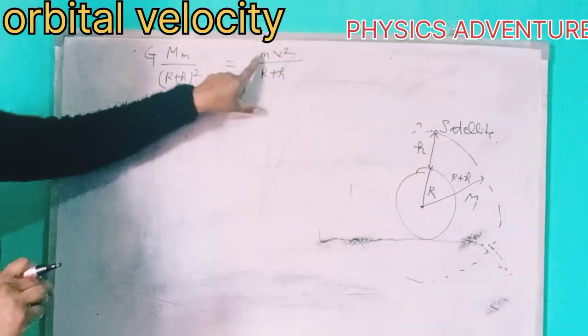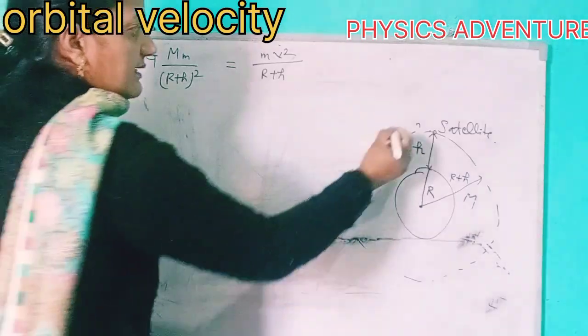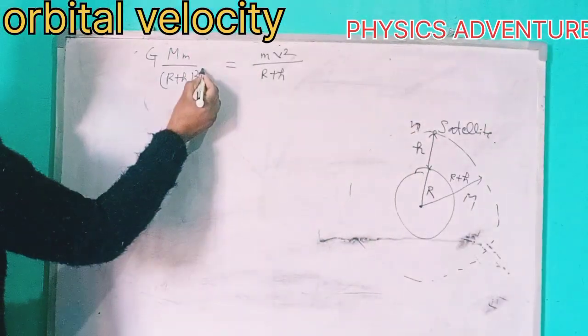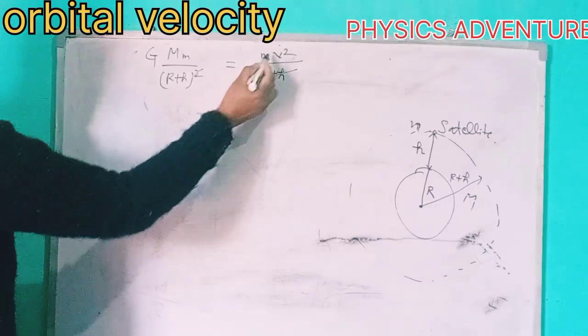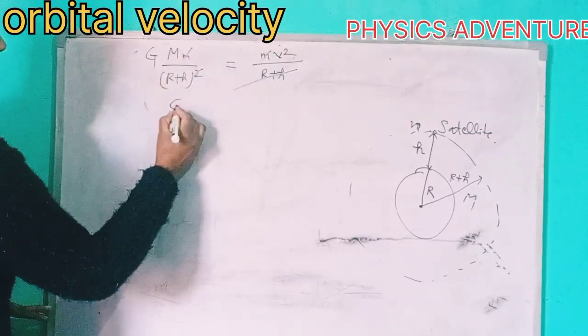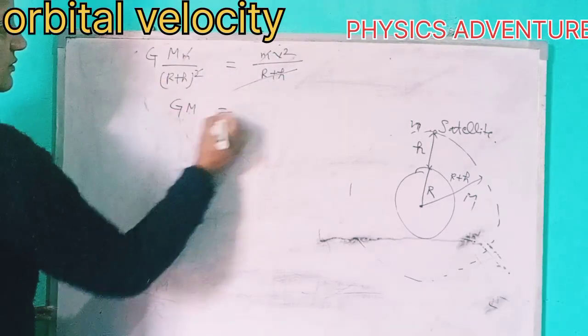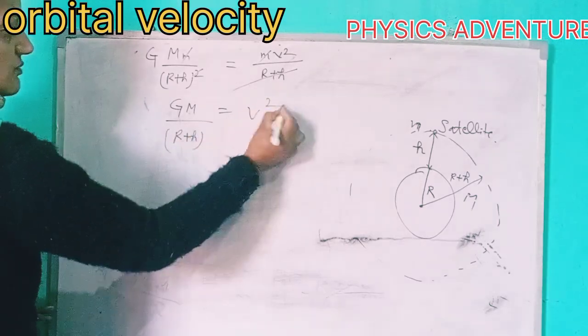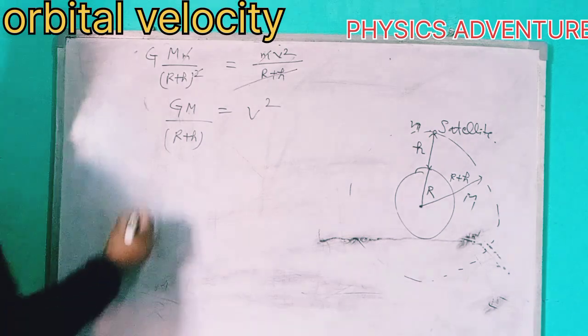Here m is the mass of the satellite, small m. So small m and small m will cancel out. G M over (R plus h) is equal to v square, where v is the orbital velocity.